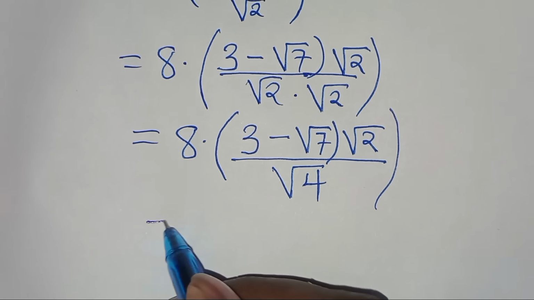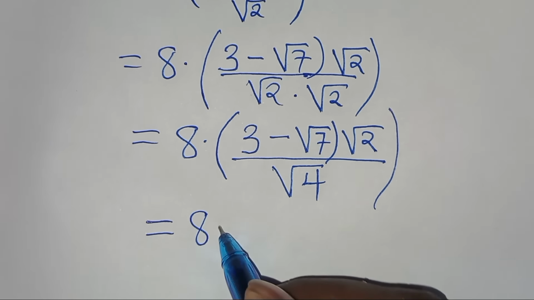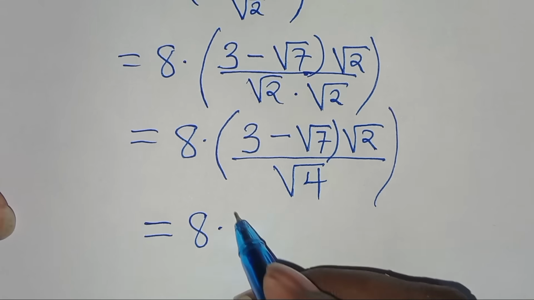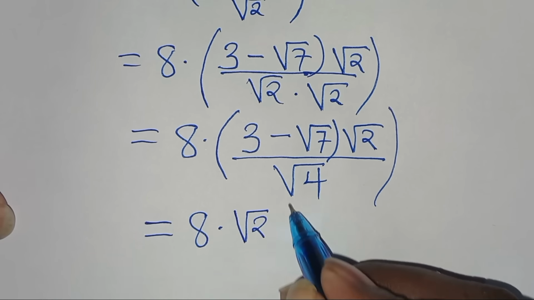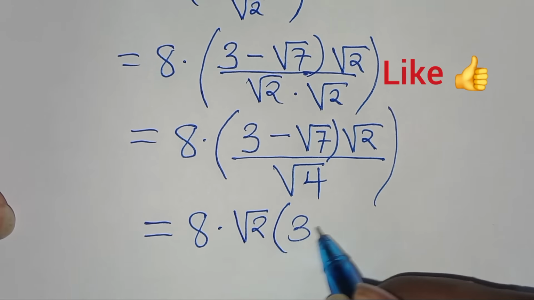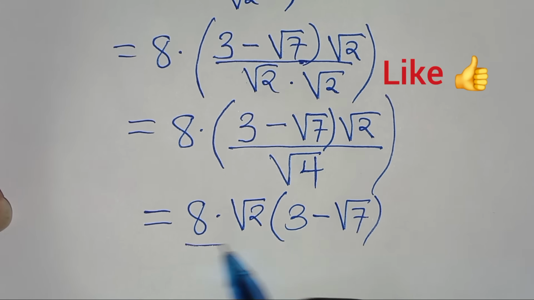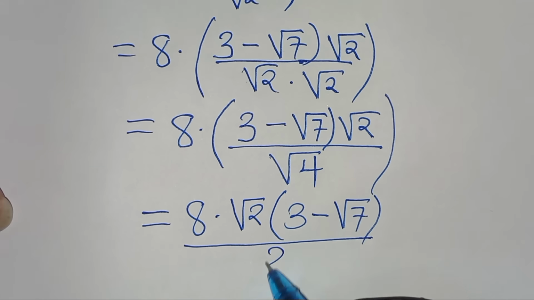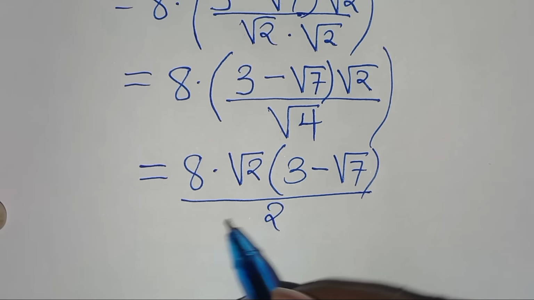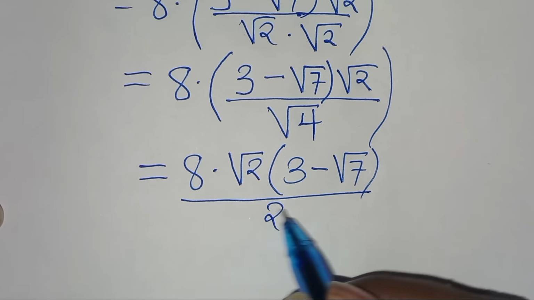And therefore here we have 8 multiplied by, now this is the same thing as square root of 2 into the parentheses, this is 3 minus square root of 7 divided by square root of 4, this is 2. Okay, so let's simplify here. 8 divided by 2, this becomes 4. So we have 4 square root of 2 multiplied by 3 minus square root of 7.